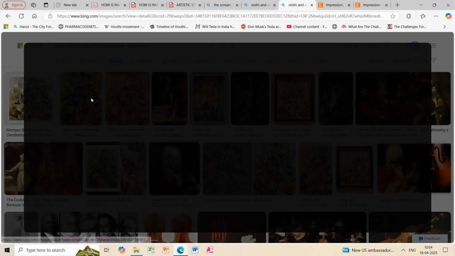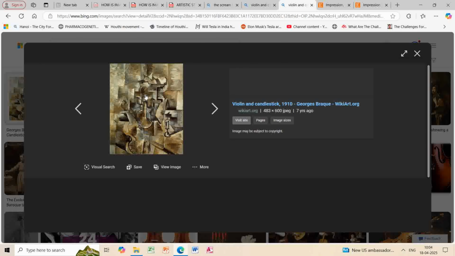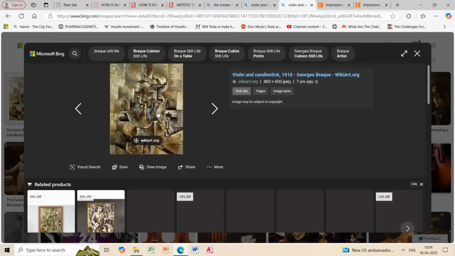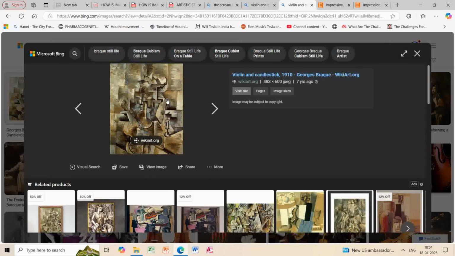Here is our painting. Rather than focusing on human lives or human faces, this is focusing more on geometric shapes. This is an example of cubism.